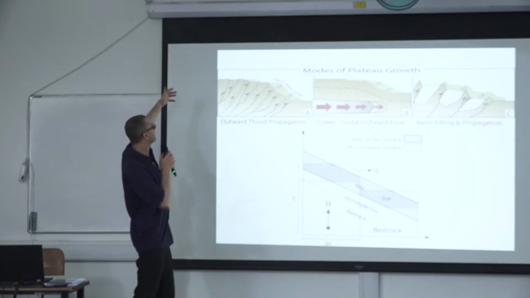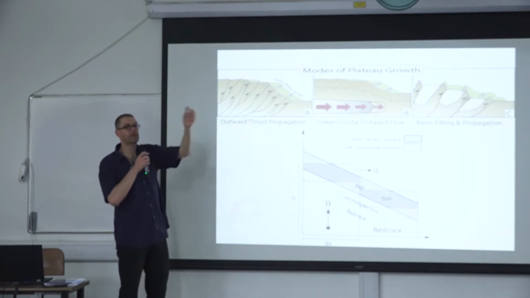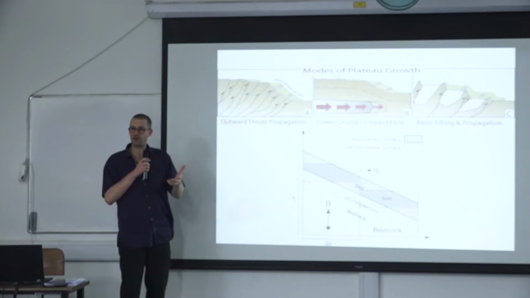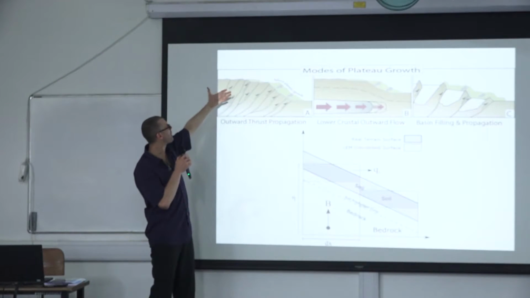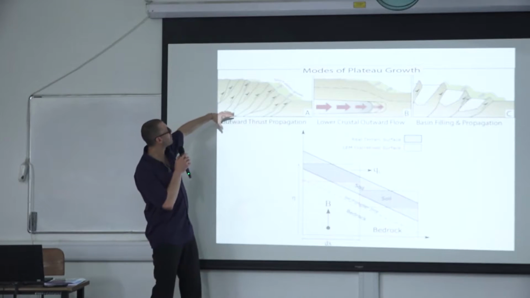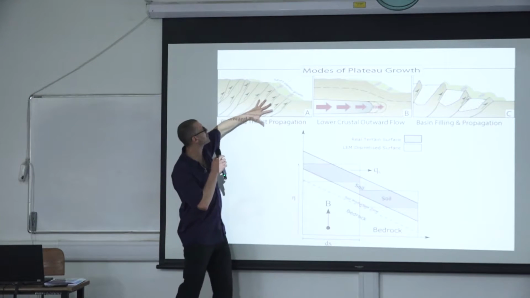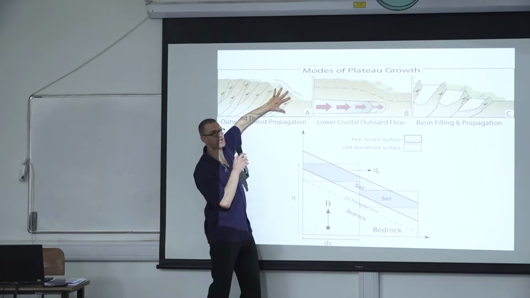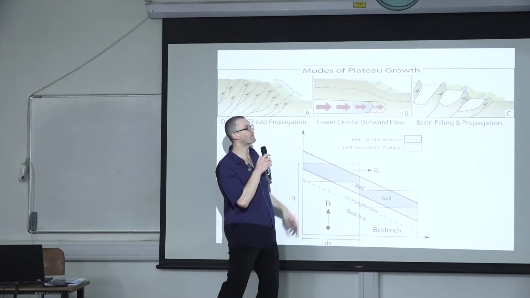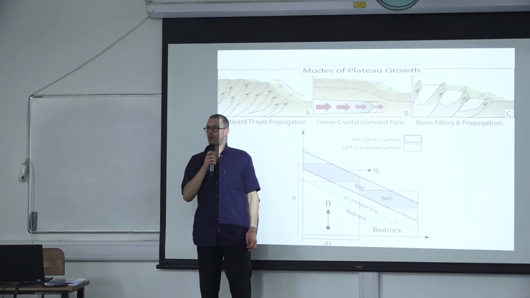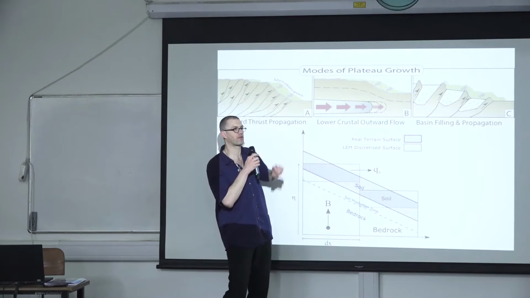You can think about a plateau. Let's use the Himalayas. I mean, we all know where the Himalayas are, right? We have thrust fronts. And you could say that the plateau is growing by a couple of thrust fronts that are pushing out the system more and more. Or you could say that you have the so-called lower crustal flow. This model has been proposed for the Himalaya too, right?